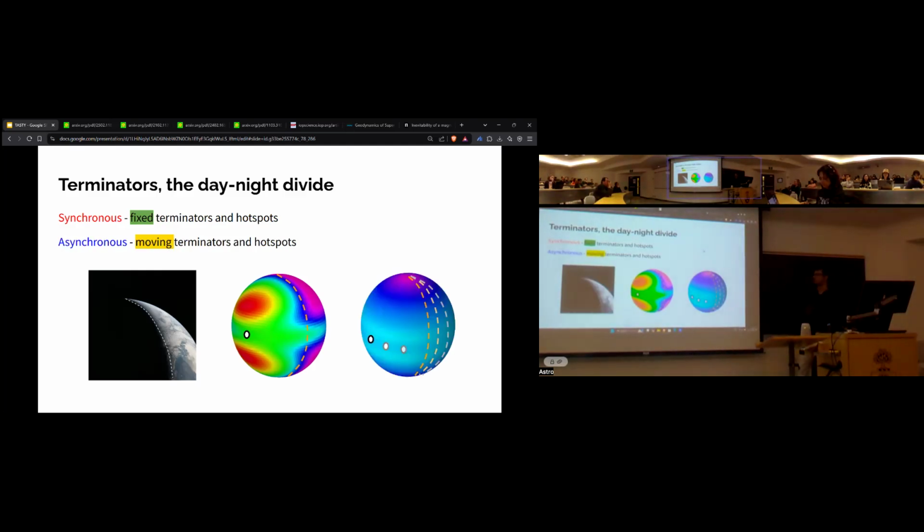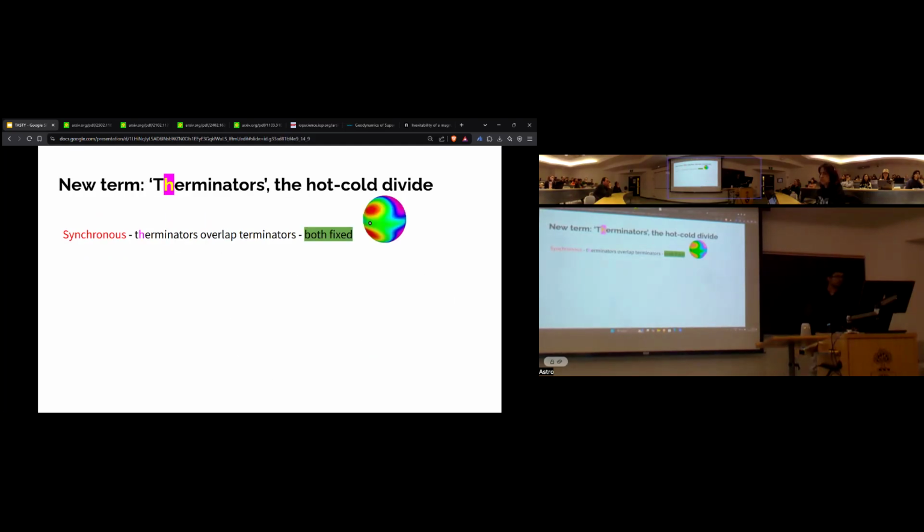And for an asynchronous planet, the terminator keeps moving along with the day side or the substellar point. So we can define a new term, which is called a therminator, which is the hot and cold divide. This did not exist in the literature before, so I took the liberty. For synchronous planets, terminators would overlap therminators because the day-night divide and hot-cold divide are just the same, right? And both of them are fixed.